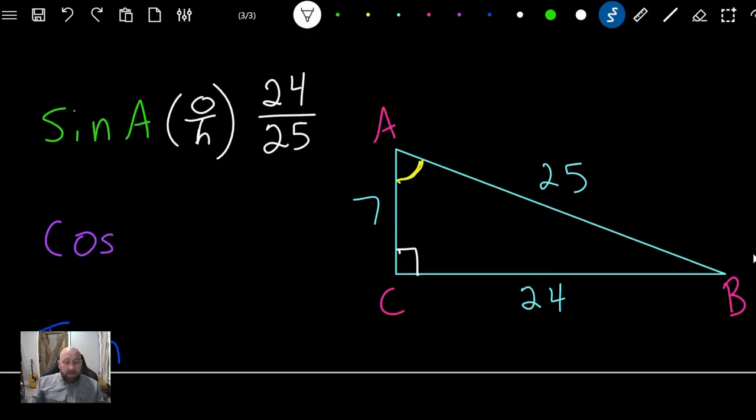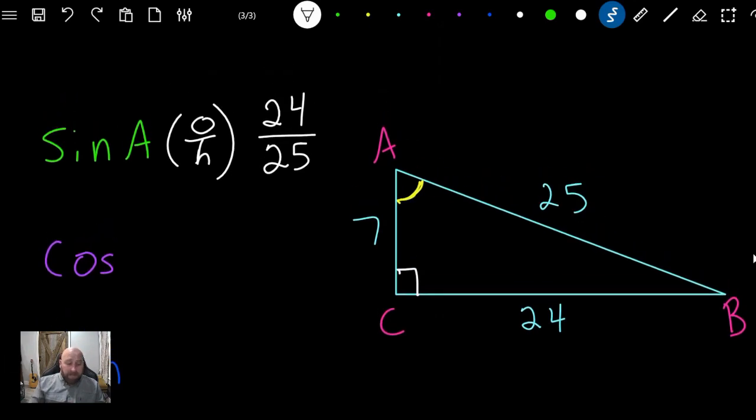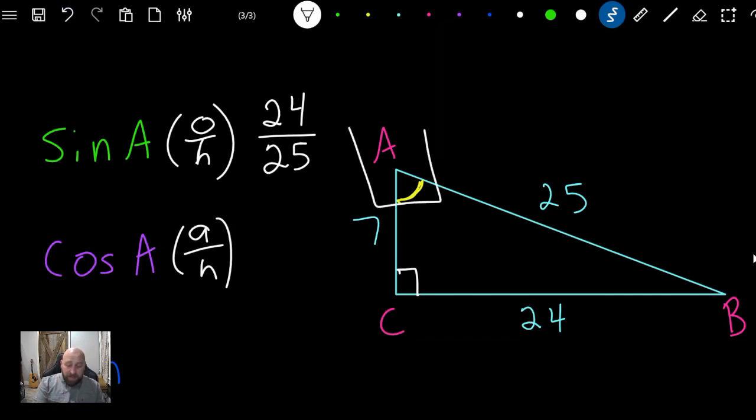All right, so the next one, let's do the cosine of A. If you remember right, cosine is adjacent over hypotenuse. So what is our adjacent? It's adjacent to A, remember?